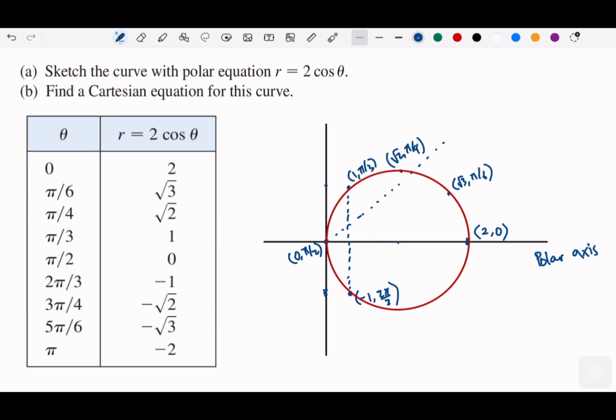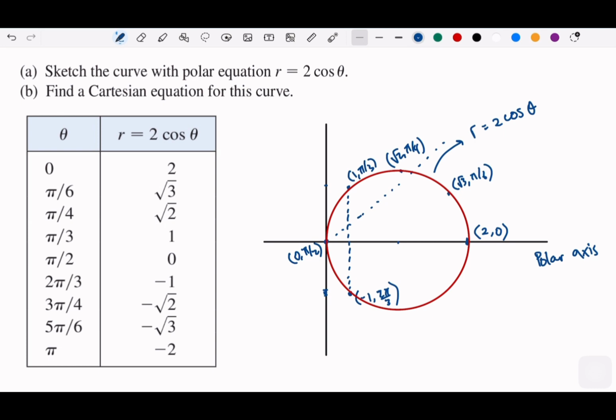So this is our curve r = 2 cosine theta, and this is how, step by step, you sketch the curve. You start from the polar axis, from the angle 0, and then you could use some values in between, and then values for pi over 2, pi, 3 over 2 pi.